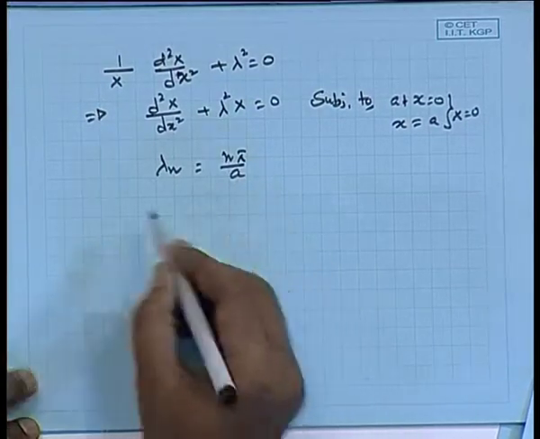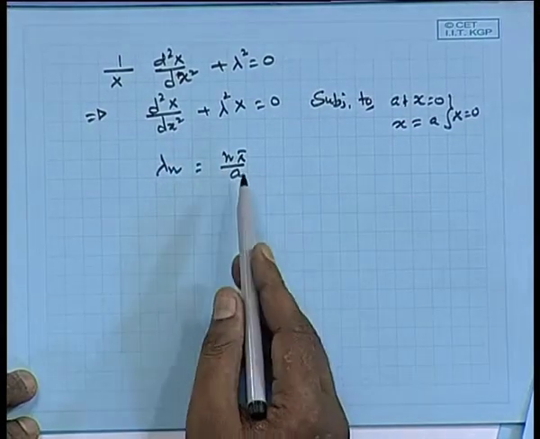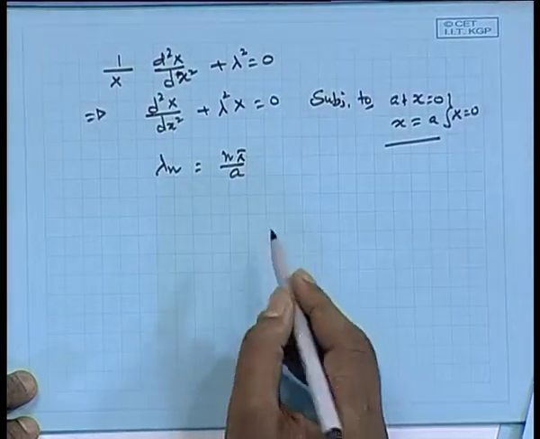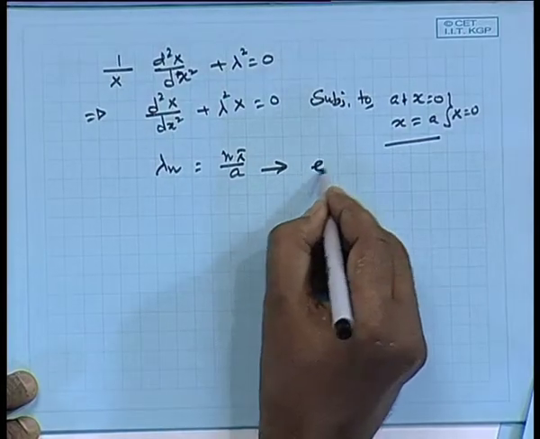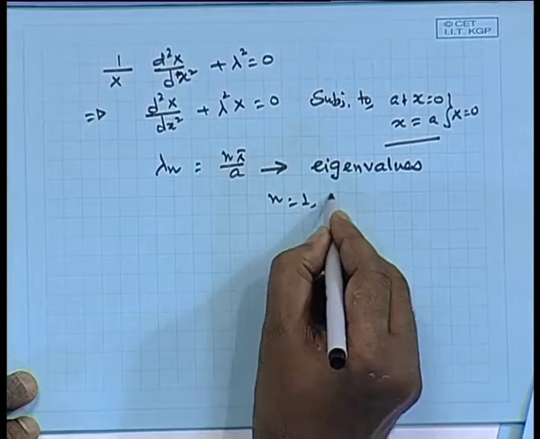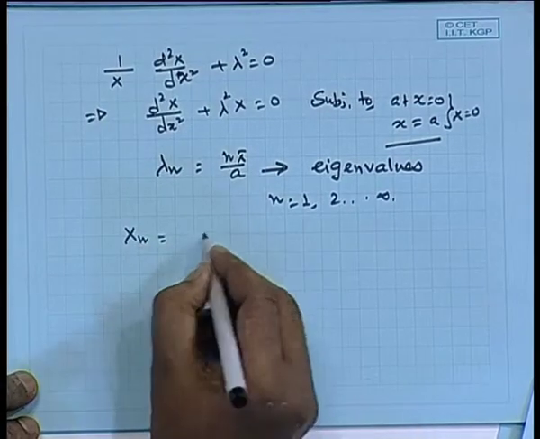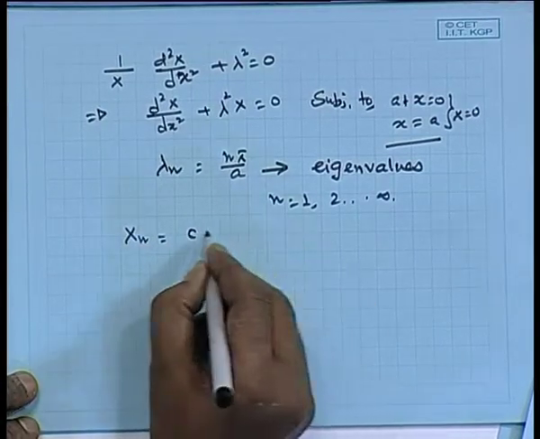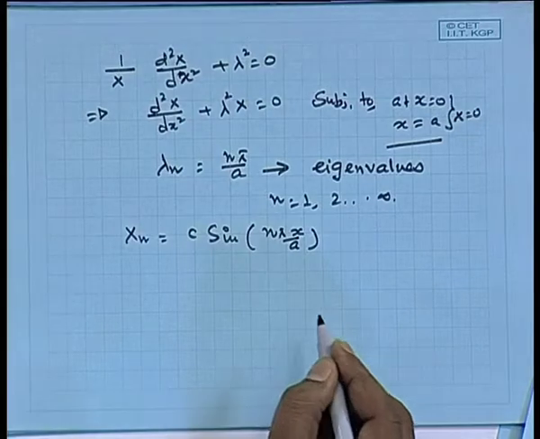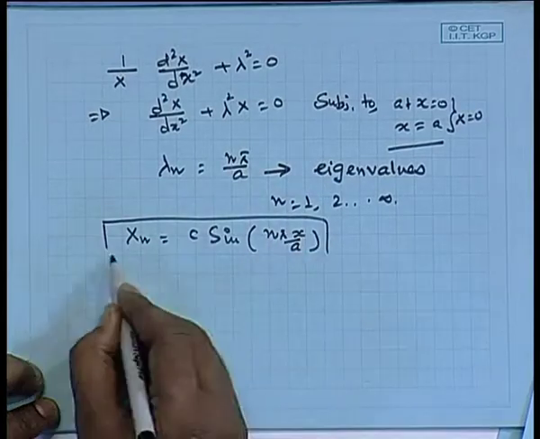These are the eigenvalues of this equation, because you can look into the solution, right. X equal to C1 sin lambda x plus C2 cosine lambda x, and finally, once you apply these boundary conditions, you will be getting these as the eigenvalues, for n going from 1 to infinity, and the eigenfunctions are sine functions, some constant times sin(n pi x by a). Okay. So, these are the eigenfunctions.